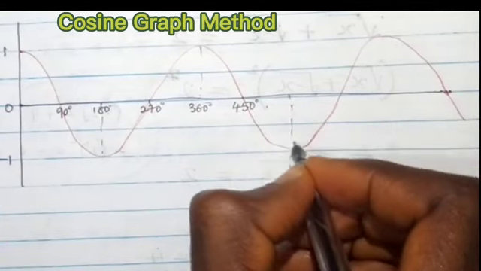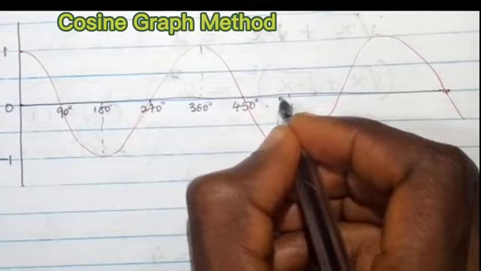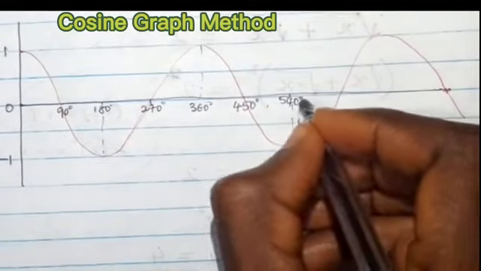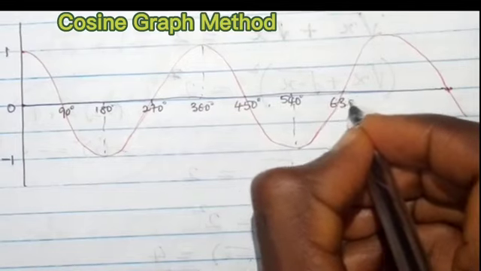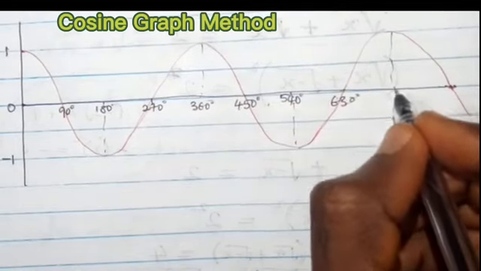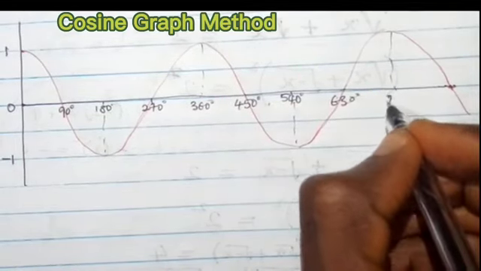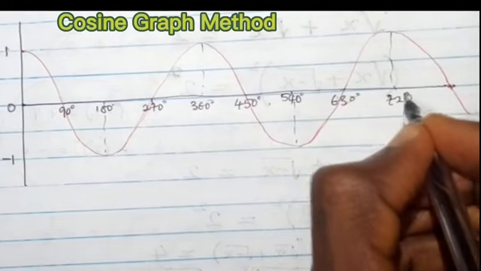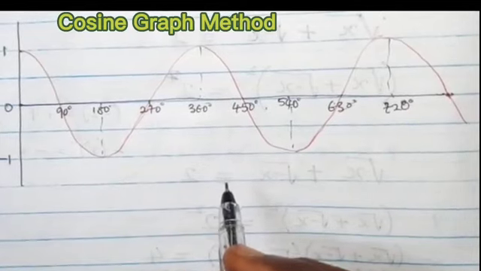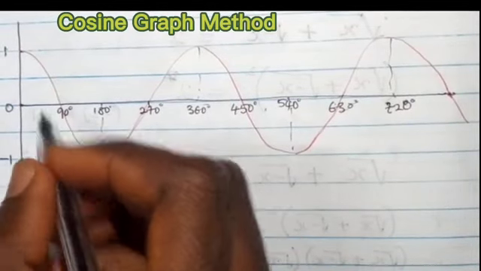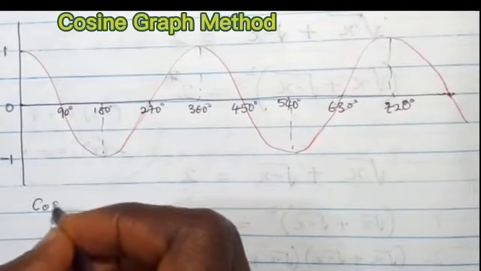This is 450 degree, and this is 540 degree. For this one we have 630 degree, and for this one we have 720 degree. So you just continue like that. Now let's extract those values.